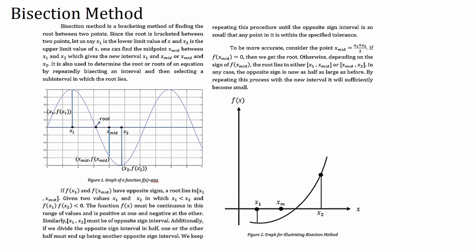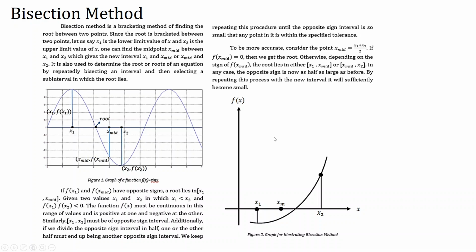To be more accurate, consider the point x mid equal to x1 plus x2 over 2. Look at it in figure 2, a graph illustrating the bisection method. For example, this is the graph of the function, and the root is here. We have the initial guesses here at x1 and here at x2.